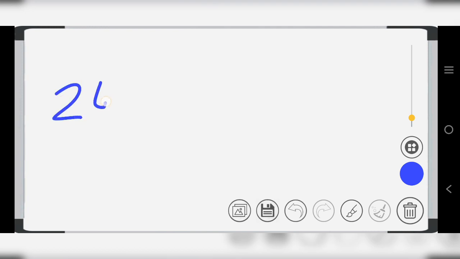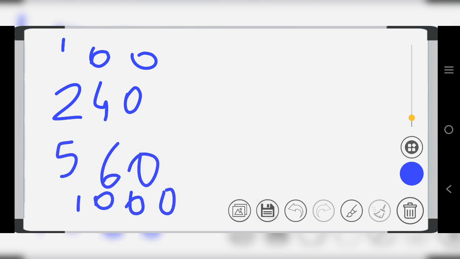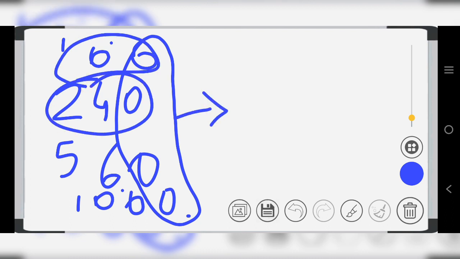So 240, 100, 560, 1000. The difference between the 5 and 10 divisibility rules is, in the rule for 5, if the last digit is 0 or 5, but in the divisibility rule for 10, the last digit should be 0, and in all these numbers the last digit is 0. So these whole numbers are divisible by 10.